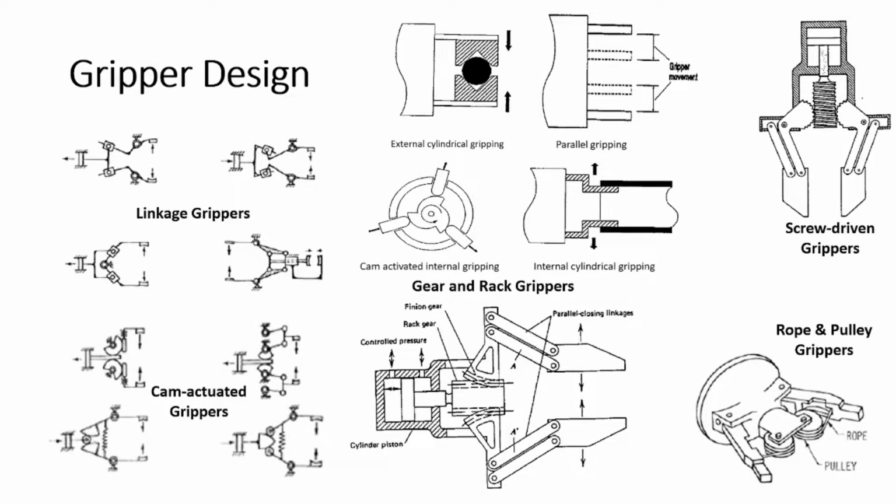For the gripper design, you need to consider some parts, including the inertia moment. Why is the inertia moment important? Suppose a robot picks up a part and it is rotating. Obviously there is a force trying to take that part out of the robot.